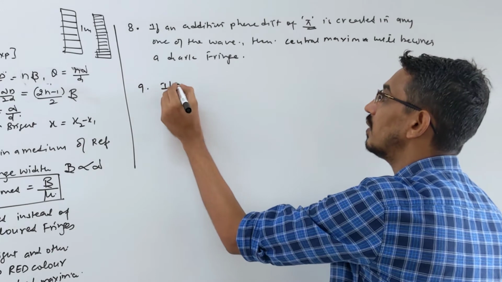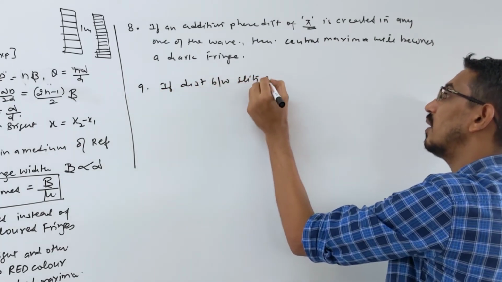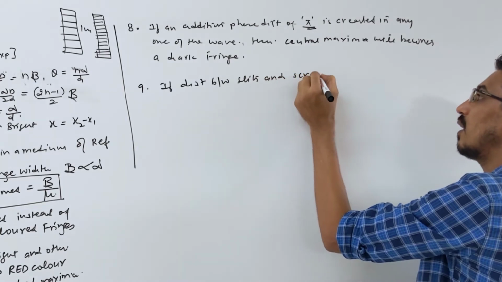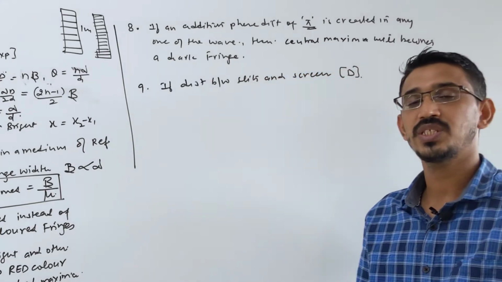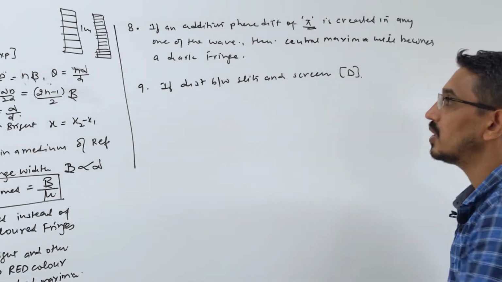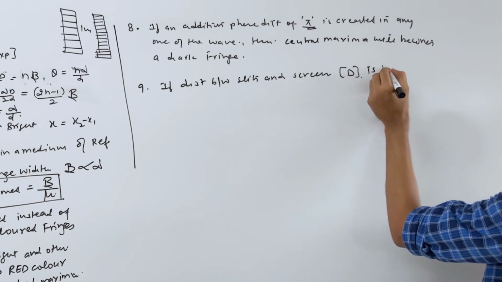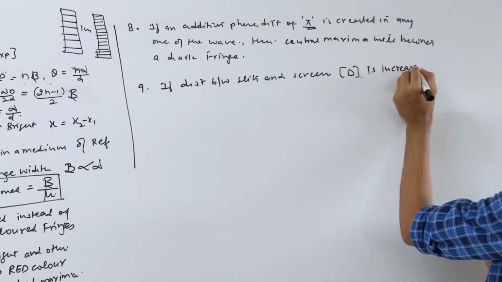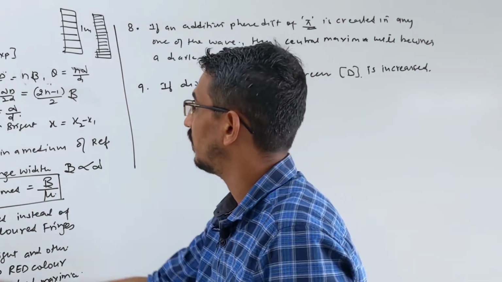Say the distance between slits and screen, which we are calling capital D, is changed. Suppose it is increased or decreased, any one thing. If the distance between slits and screen is increased, then what will happen to the fringe width? Mainly they ask you about fringe width.